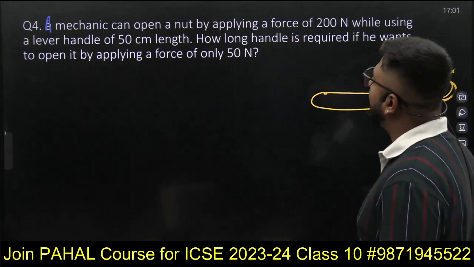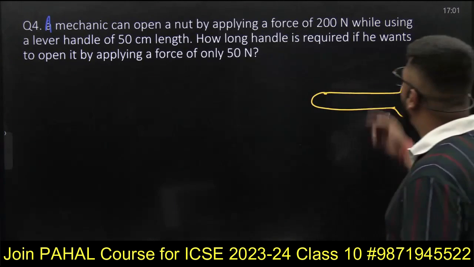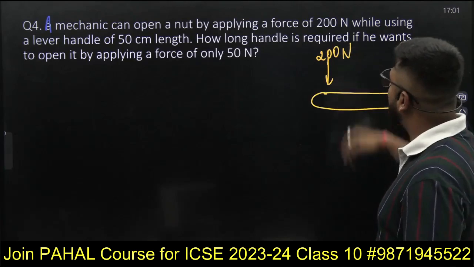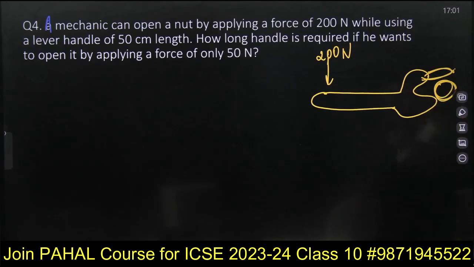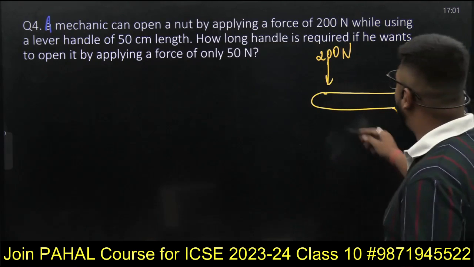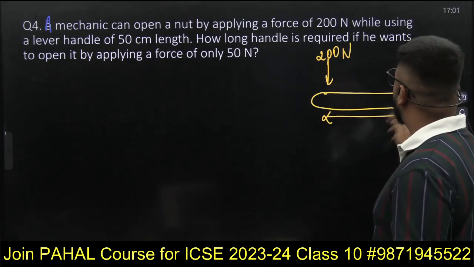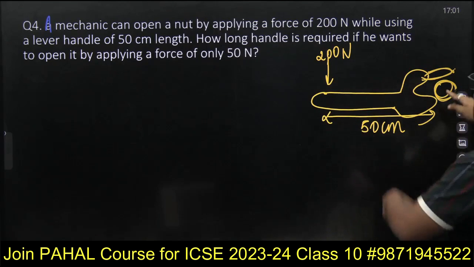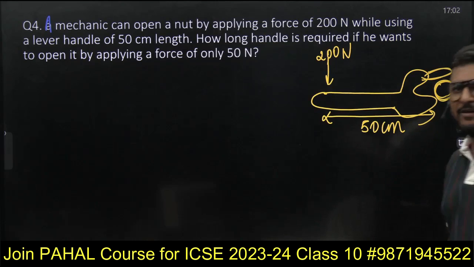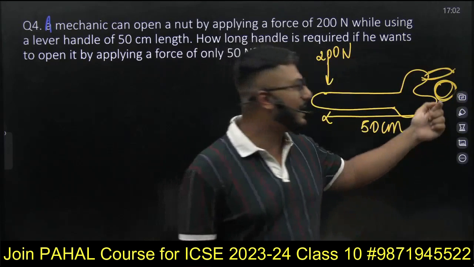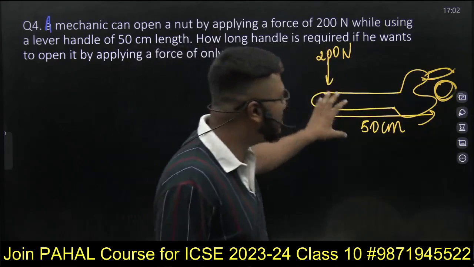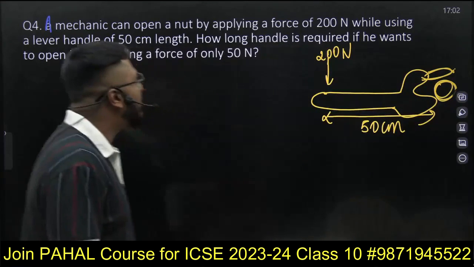So by applying a force of 200 Newton, the mechanic can open this nut, while using a lever handle of 50 centimeter length. So that means the distance from the point of application of the force to the axis of rotation, the axis of the nut, is given to be 50 centimeter.